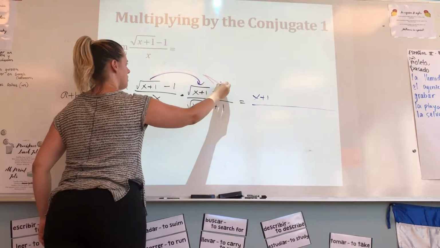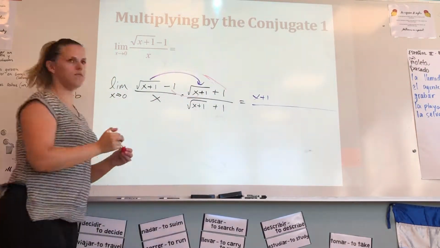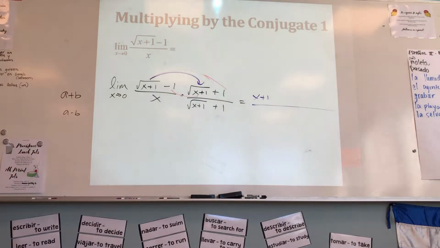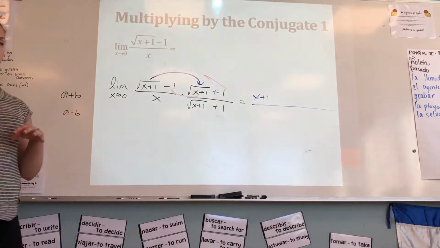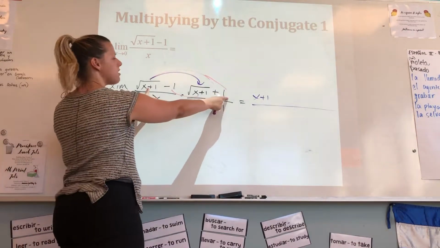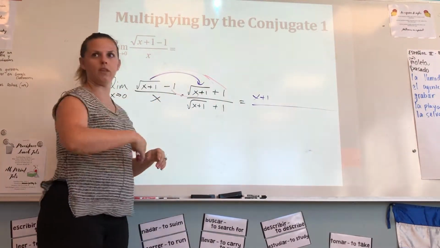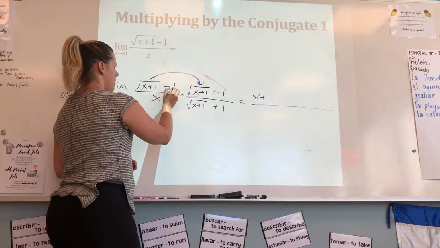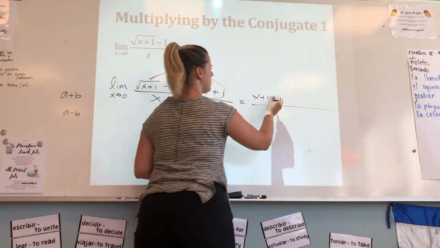This is the outer and the inner. They cancel out. So do we have to do it out? No, we know they cancel, right? Because we had really good pre-calc teachers. So this would be a positive root x plus 1. This would be a minus root x plus 1. They sum to 0. Minus 1 plus 1 is minus 1.